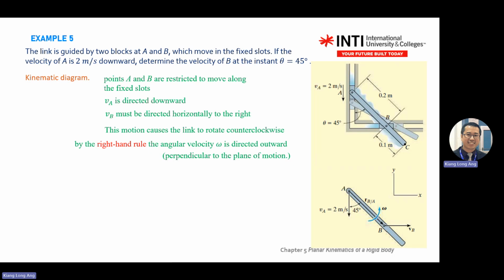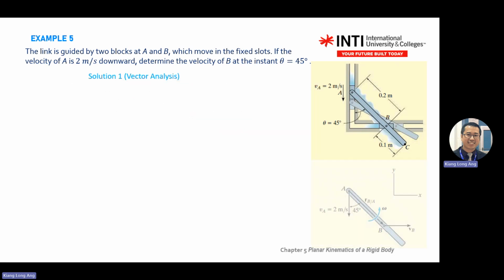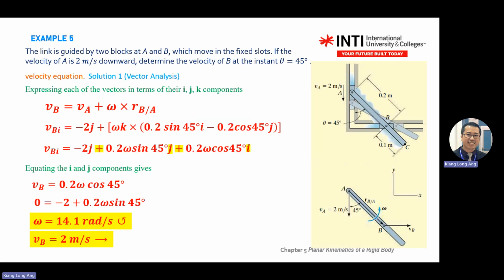So basically you can move your vector here to here. So you can combine the vectors. So you have R_B, R_A to the distance here and here. Okay. So I will show you there are two solutions.